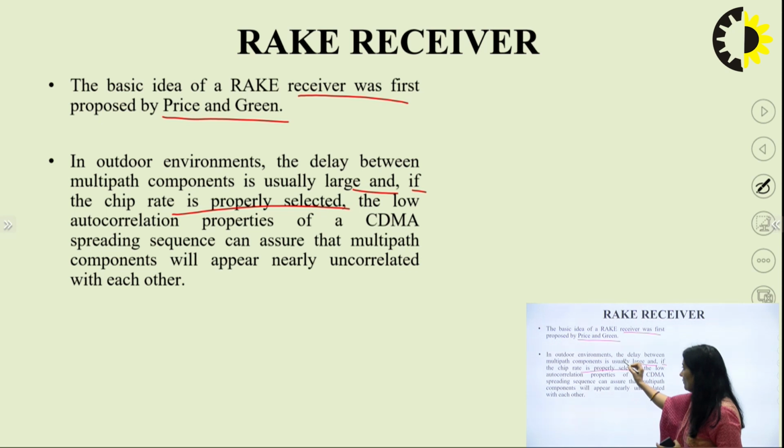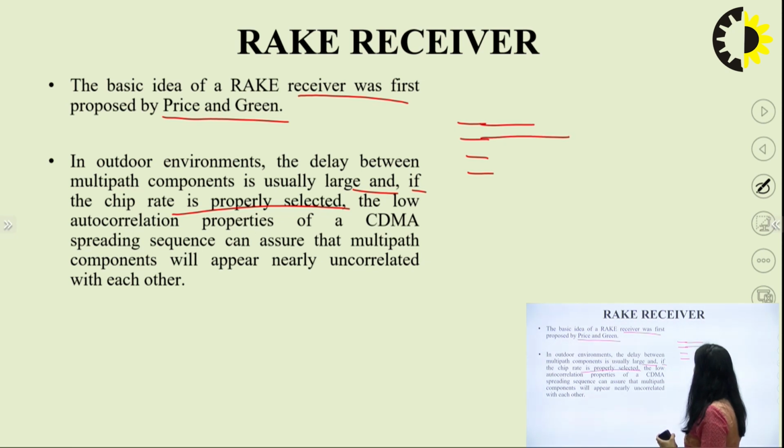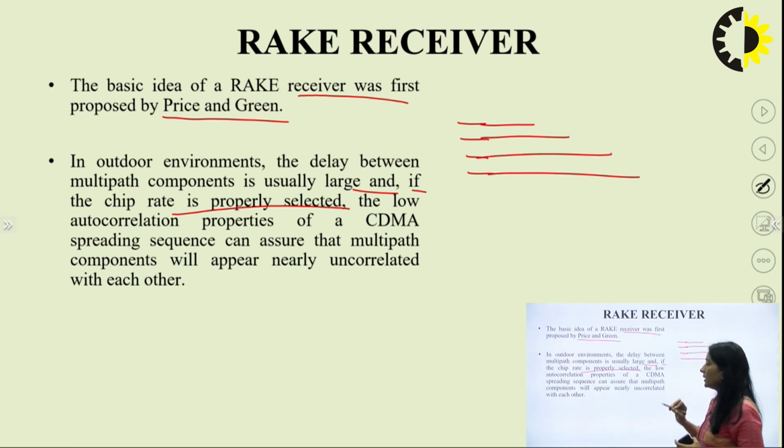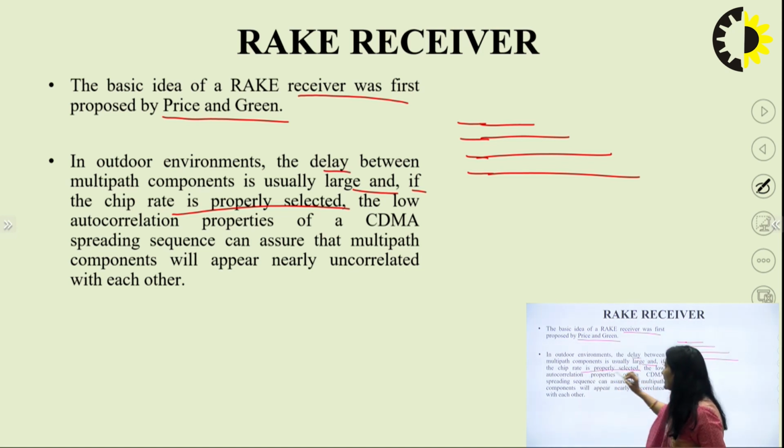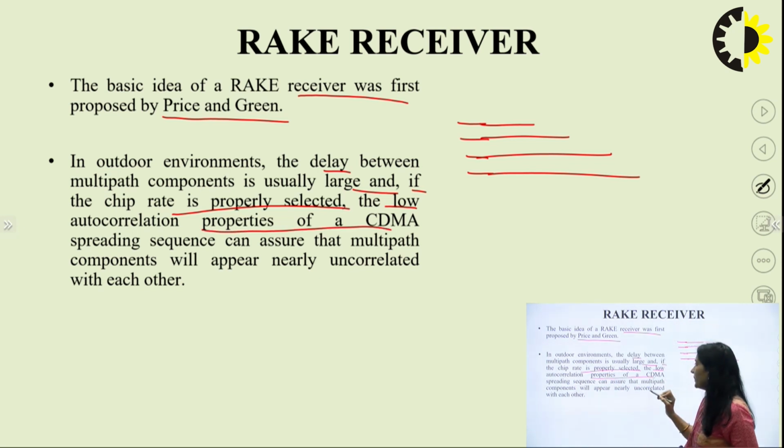We will see the delay between the multipath components; this delay will be detected, and the chip rate is properly selected. The low autocorrelation properties of a CDMA spreading sequence can assure that the multipath components will appear nearly uncorrelated with each other.